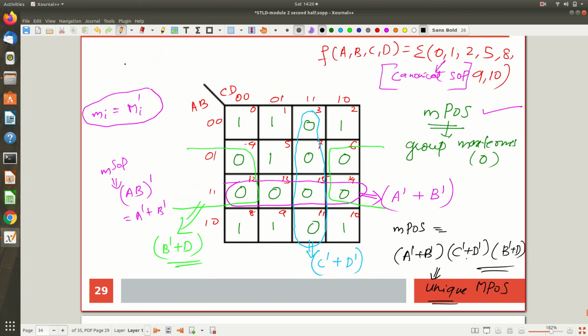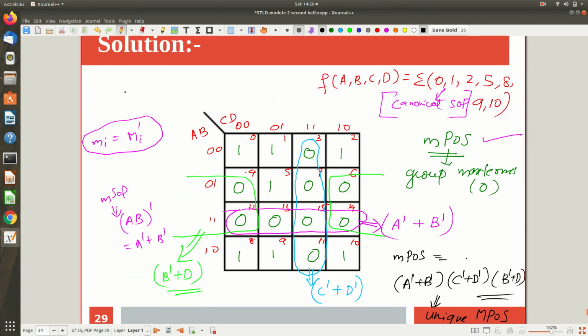As it is less important, I took only one example. Don't think like that, it is important. Find out the minimum product of sum. Just ones are there, so focus on the zeros, group the zeros and write like this, that's all. It's so easy, right? Just compare with the method we discussed so far, so that it will be very clear for you. Maybe in the subsequent discussion we will see more examples.